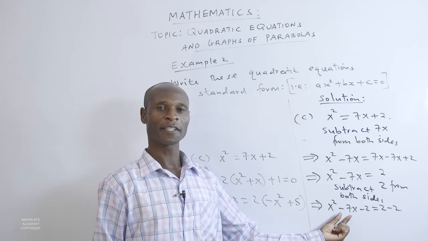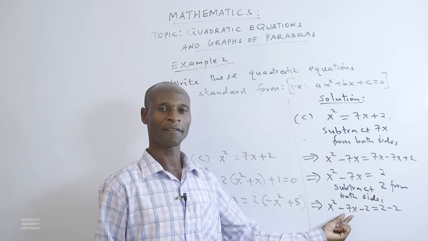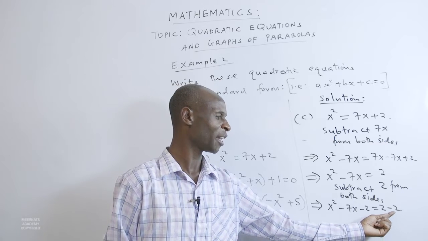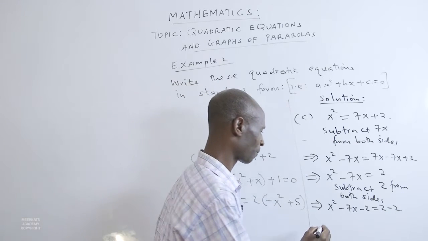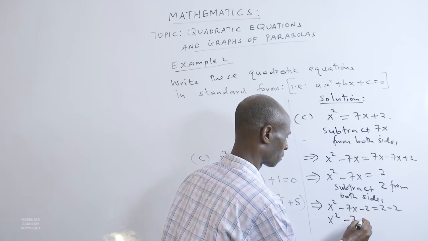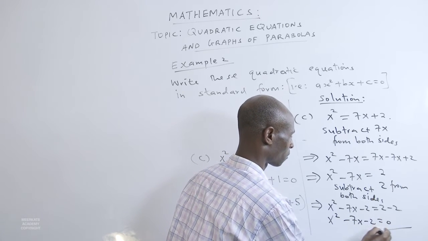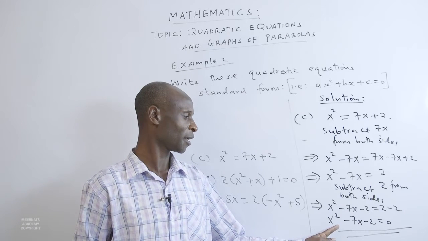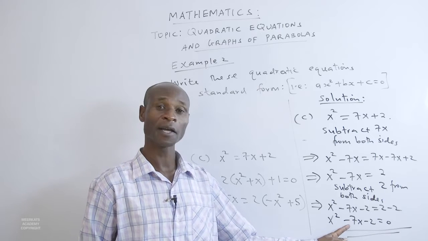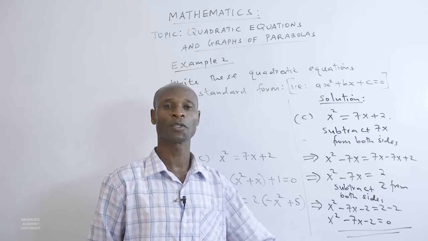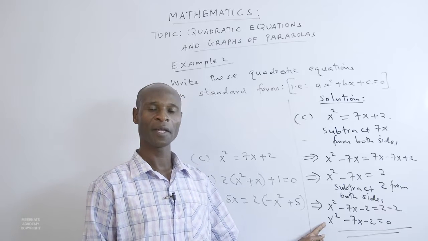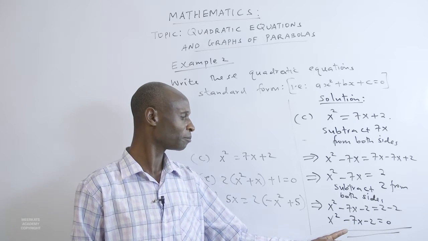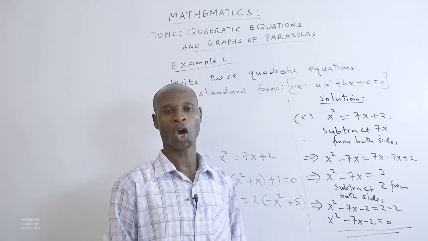So on the left-hand side, we shall have x squared minus 7x minus 2 is equal to, on the right-hand side, 2 minus 2, which gives us a 0. So that means our final equation in standard form will be x squared minus 7x minus 2 is equal to 0. Where a will be 1, b will be negative 7, which is the coefficient of the linear term, and c is negative 2, which is the constant term.